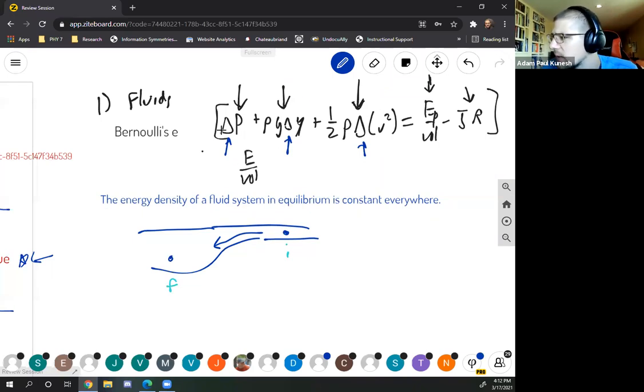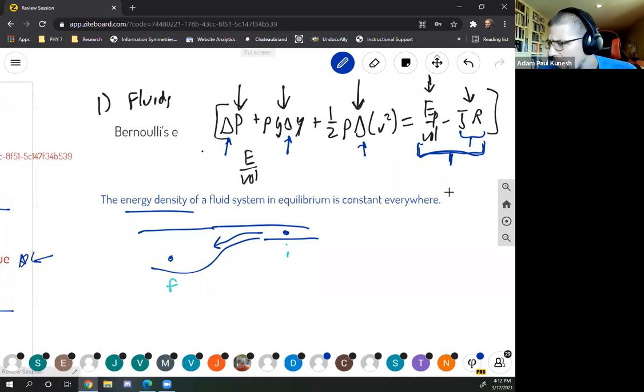So changes in the energy density sum to 0 if the fluid system's in equilibrium. These two things represent changes in that energy density. So if I throw a pump in there, I'm kind of keeping it away from equilibrium in the sense that my pump is throwing in some energy that wouldn't exist otherwise. The resistive term pulls energy away.